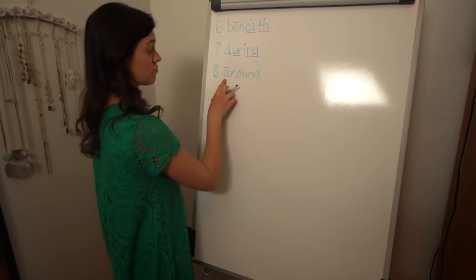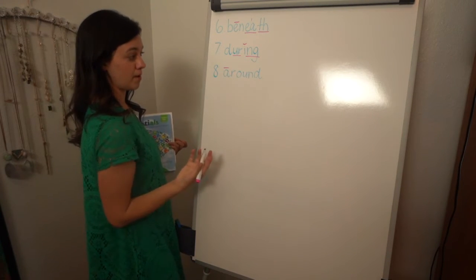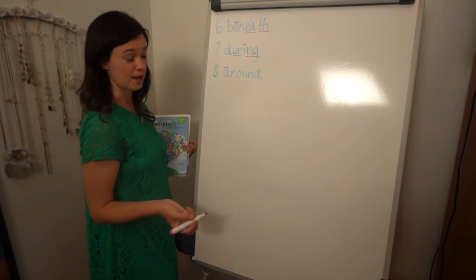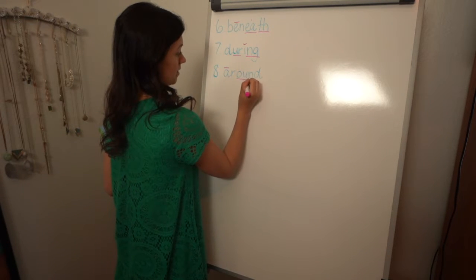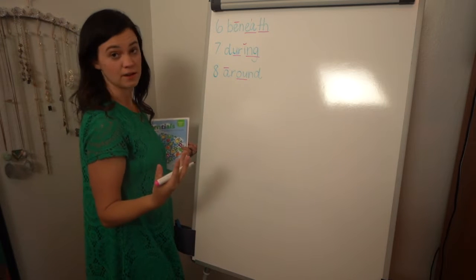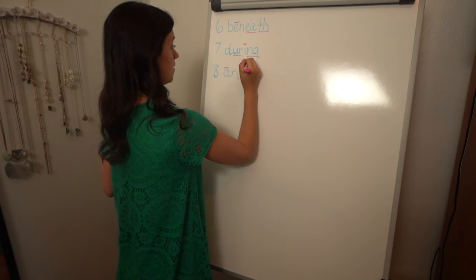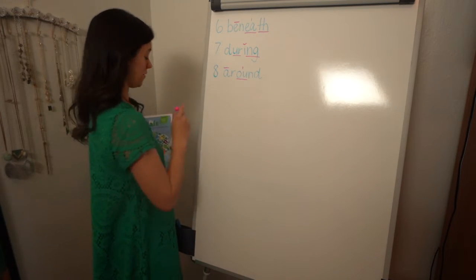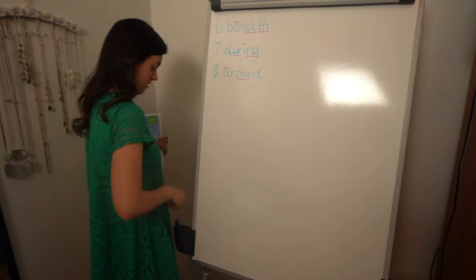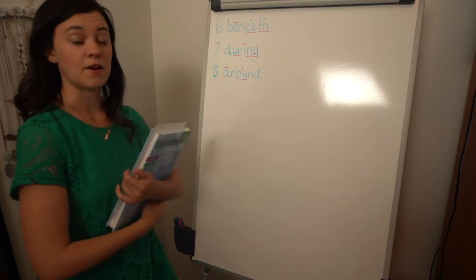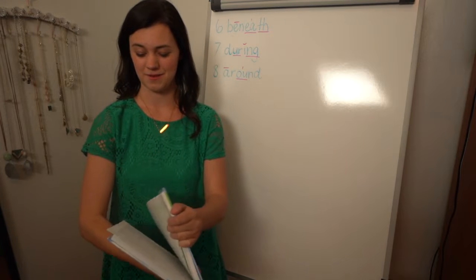Okay, so this does have a schwa, but I said it the proper way, so that's why we're going to put a macron on top of that A. We're also going to double underline our OU because it is a multi-letter phonogram. We could also put a 1 on top because it is saying its first sound. Okay, now around is also, again, not a noun, verb, or adjective, so we're going to leave it for those next few steps.